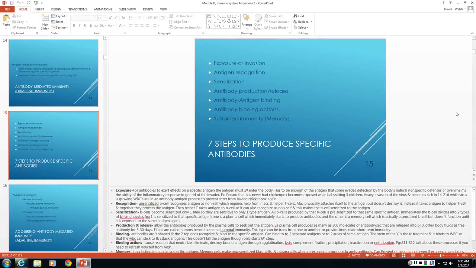Your antibody-antigen binding is where the antibodies bind to the antigen.